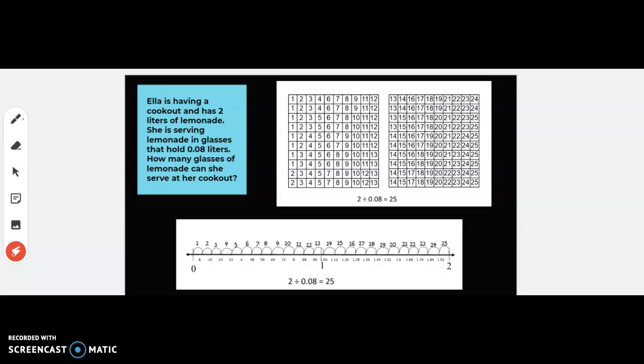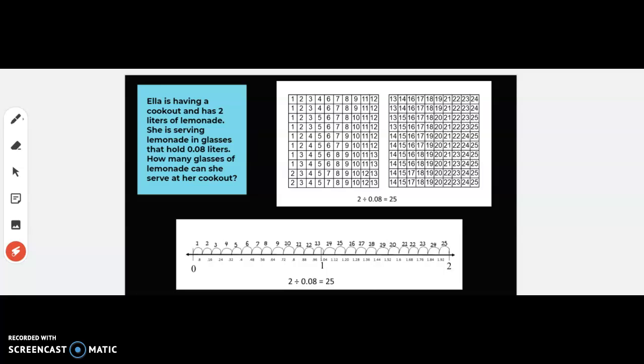If I continued all the way on 2 hundredths grids, again 2 because the whole number is 2 in my problem, I can see that Ella can pour 25 glasses from her 2 liters if each glass holds 800ths. If I look at my number line, I can see that my numbers on the bottom are going up by that 800ths.